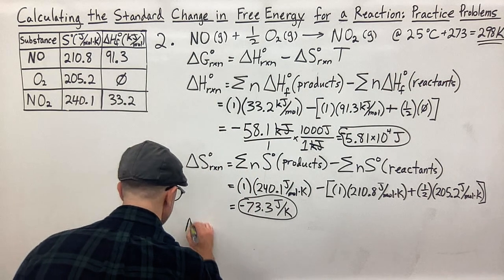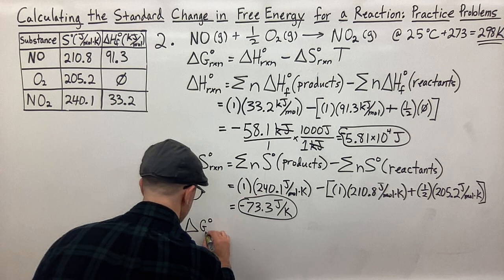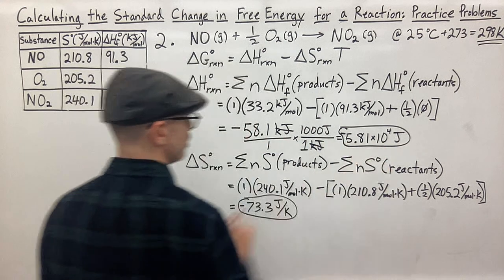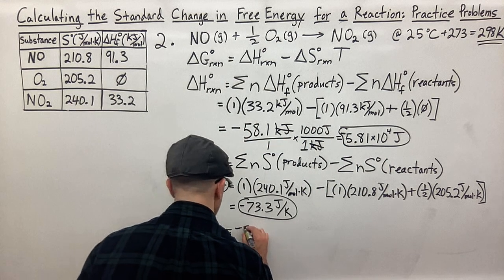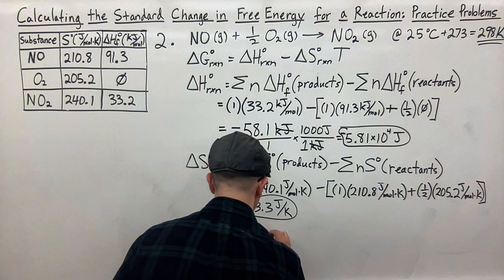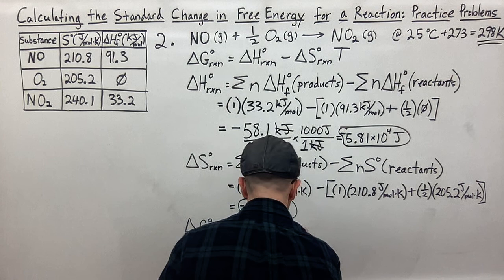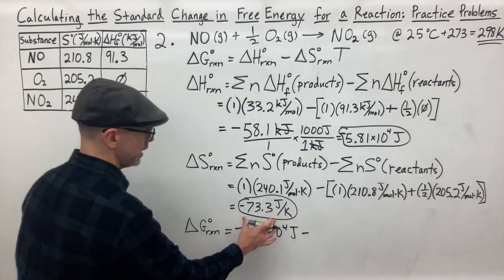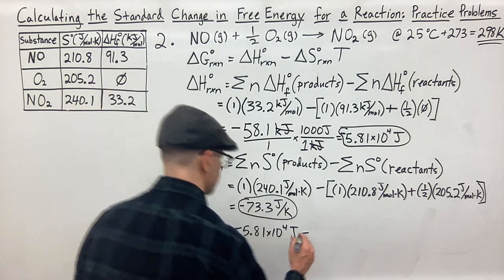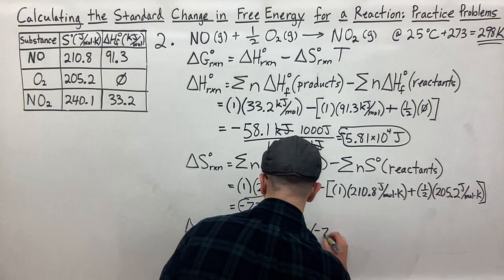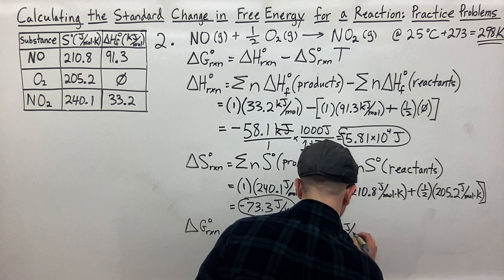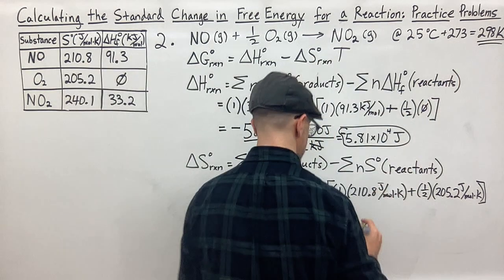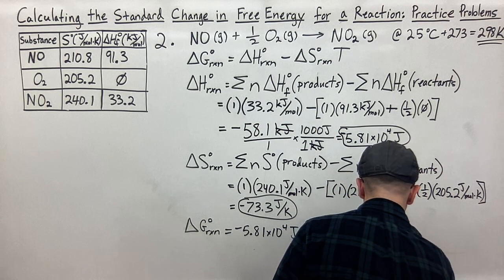So therefore, delta G, the standard free energy change of a reaction, is equal to the standard enthalpy change of a reaction, which is negative 5.81 times 10 to the fourth joules, minus the standard entropy change of a reaction, negative 73.3 joules per Kelvin, multiplied by the temperature in Kelvin, 298 Kelvin.